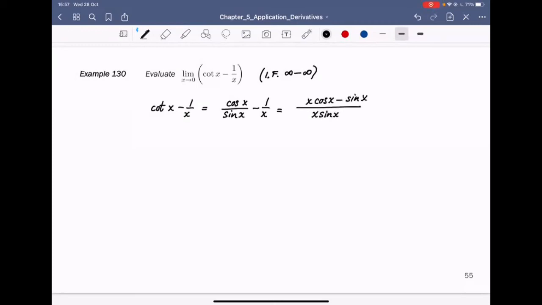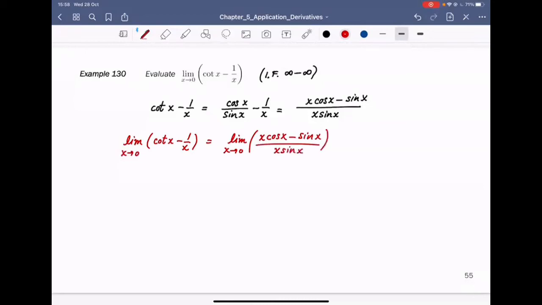This is your function after you simplify it. And then now you take the limit as x goes to 0.